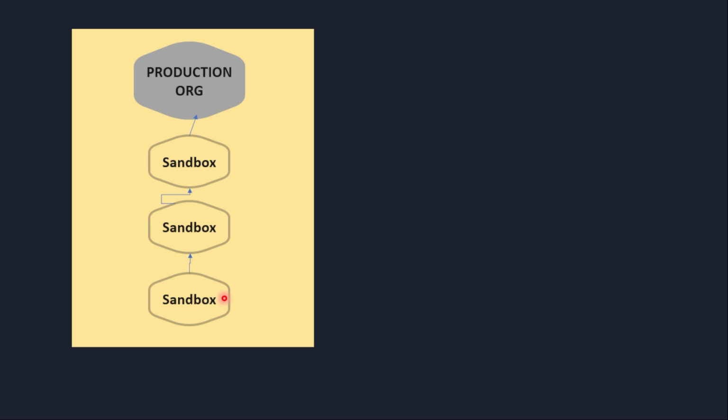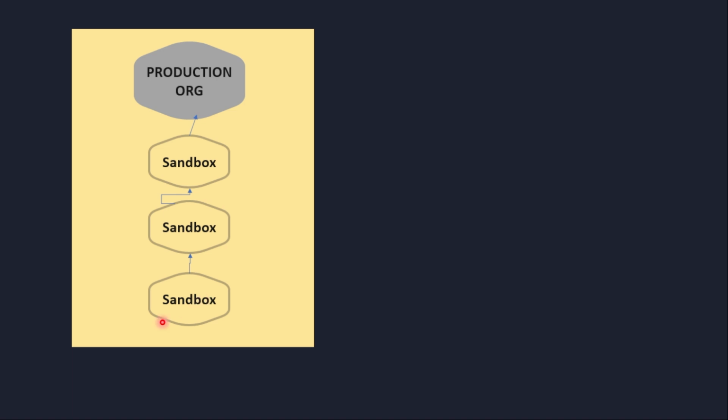So a sandbox is basically used for development and testing purposes. Every company follows a different way of doing it, but basically it is used for developing and testing, right? So let's say the bottom sandbox is used for development. Developers are building Apex classes, flows and all in the lower sandbox, and they are deploying to a higher sandbox.